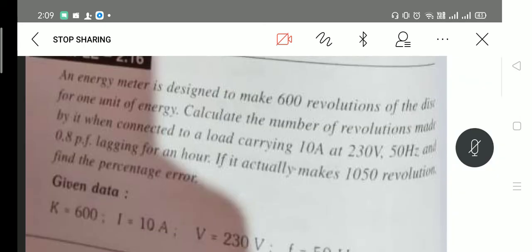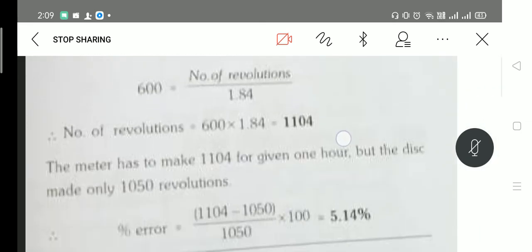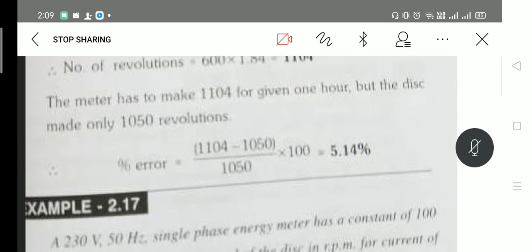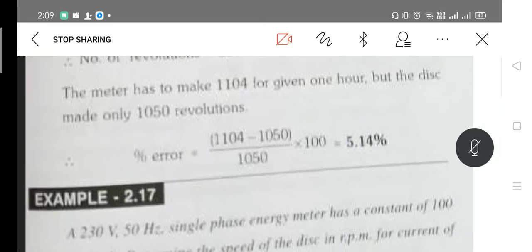From the revolutions of this meter, we can find the percentage error: 1104 minus 1050 by 1050 into 100. Then we will get the total percentage error. Right.